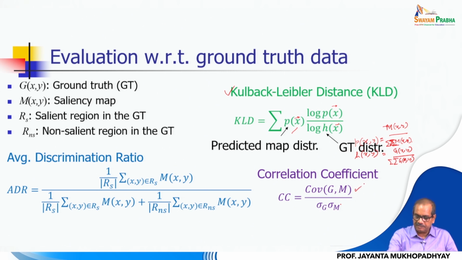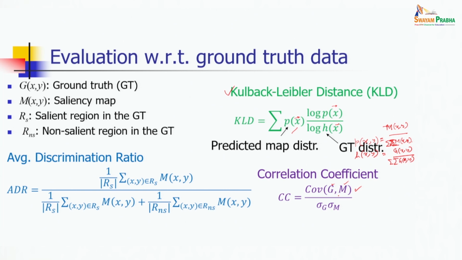This is the covariance, and these are the standard deviations. This is the standard definition of Pearson's correlation coefficient, and its value ranges from -1 to 1. We would like a high, positive correlation coefficient for a good model.